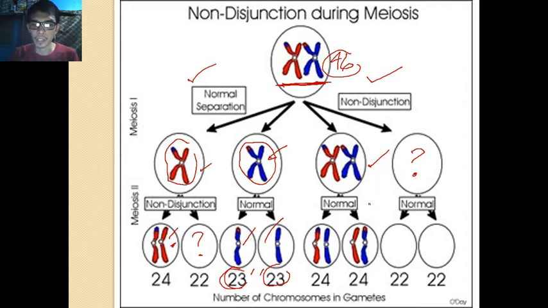Then on the second meiosis, if it undergoes normal cell division, this one will have an extra chromosome, and on the other side also an extra chromosome, and on this other cell there will be two cells with a missing chromosome each. So there will be an abnormal number of chromosomes in any offspring that is produced. That is non-disjunction.